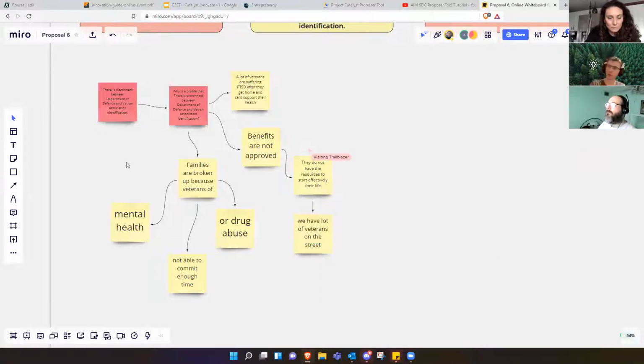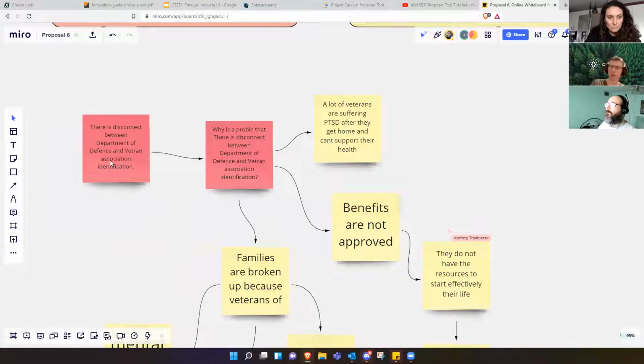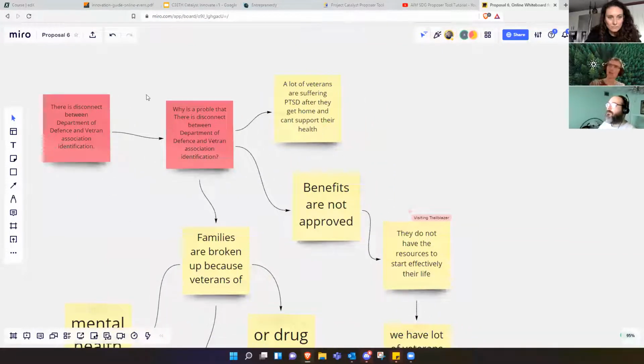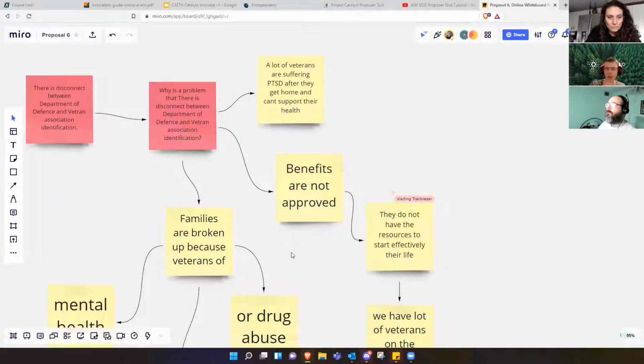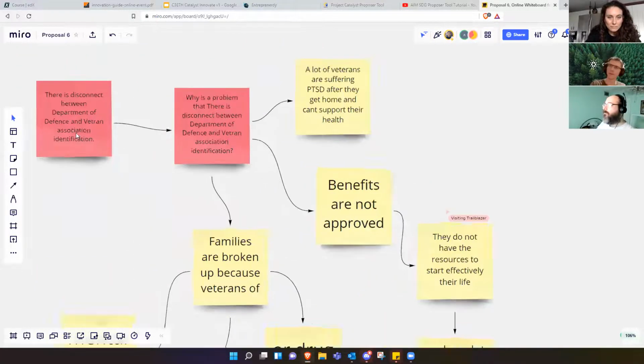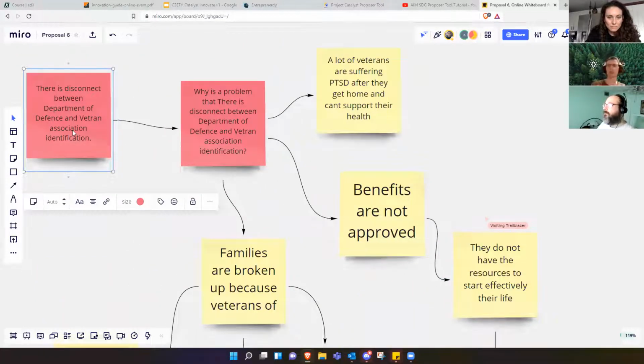And even though your problem was quite specific and quite targeted, after asking why is it a problem, we realized that it actually breaks down into different areas even further. And what this would allow us to do is to choose an even more root cause issue, and maybe not just fix the Department of Defense and Federal Association identification, unless this is your goal.